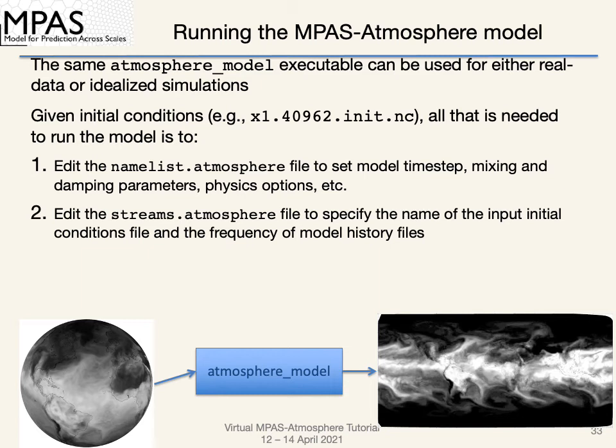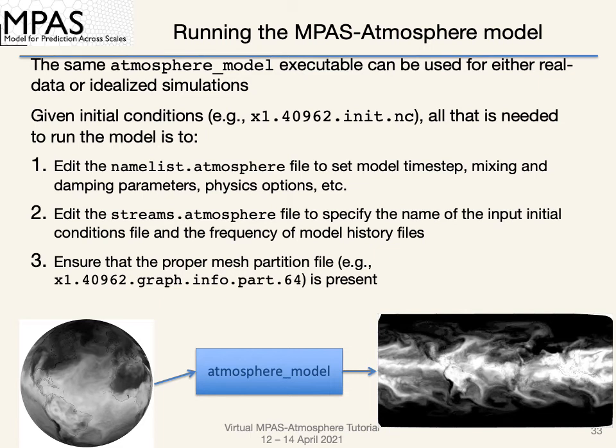And if you're doing, for example, SST updates, you might want to set the interval at which those SST updates are to be read. You might also want to set the frequency of the model state that's written out. We typically call that model history, even though this might be for a simulation that actually predicts out into the future.